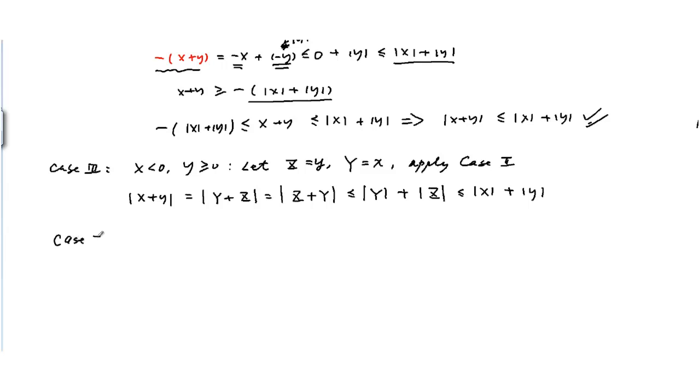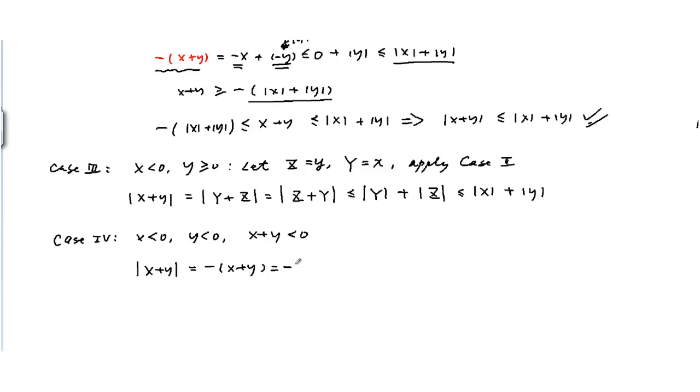And then case 4, the last one, x is less than 0, y is less than 0. Then x plus y is also less than 0. Therefore, the absolute value of x plus y, because x plus y is less than 0, when you drop the absolute value you get negative of x plus y.